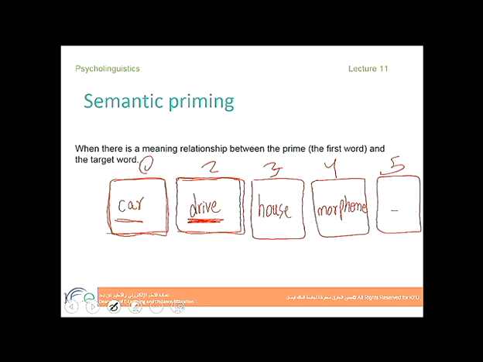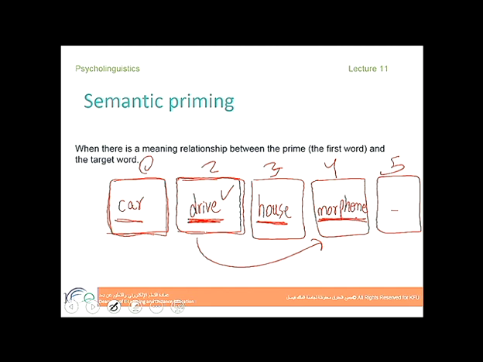Then I show you the word house. After that, I show you the word morphine. Are we going to have the same effect here? This effect, which is a fast, quick answer, are we going to see it with morphine? Probably not, because house and morphine are not related to each other.